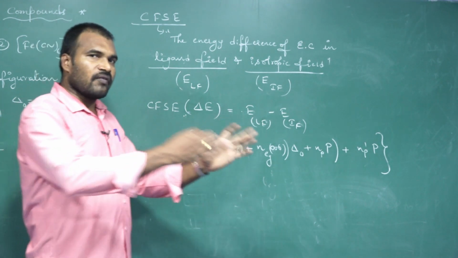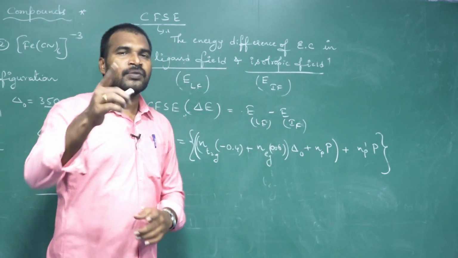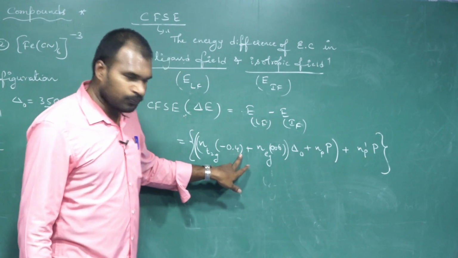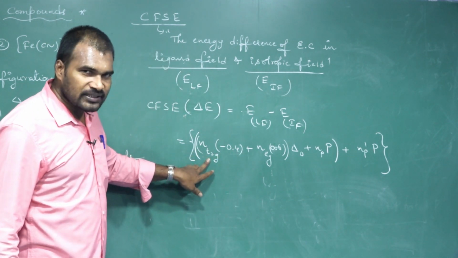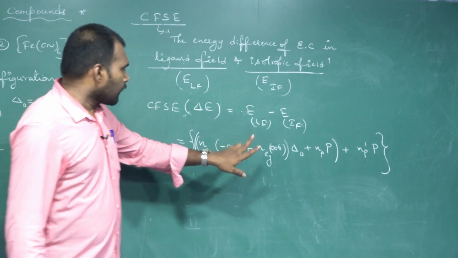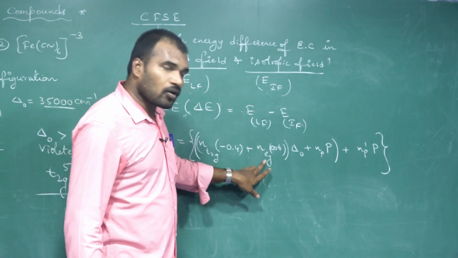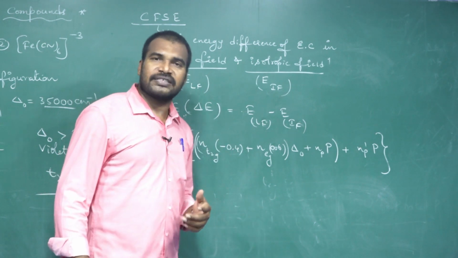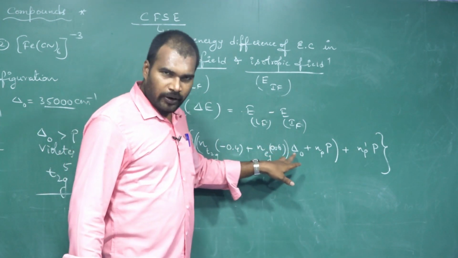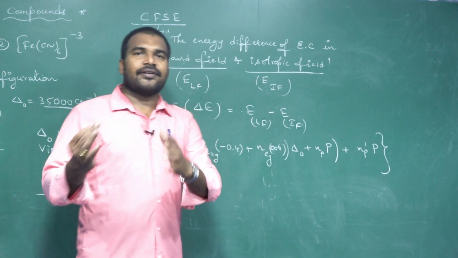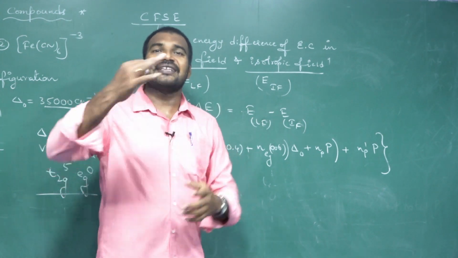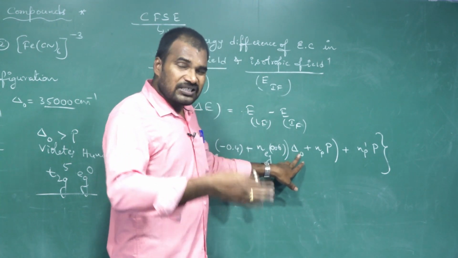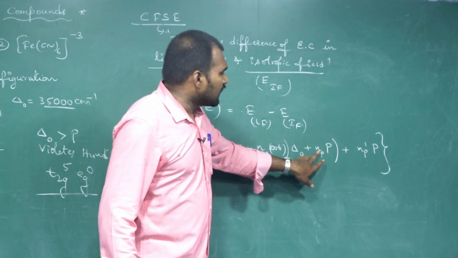As I told you, when electrons enter the t2g set, the energy decreases by 0.4, that is minus 0.4. So the number of electrons in the t2g set into minus 0.4 plus the number of electrons in the eg set of orbitals into 0.6. Why? Because when electrons enter the eg set, the energy is raised by 0.6 del O, the crystal field splitting energy, plus nP.